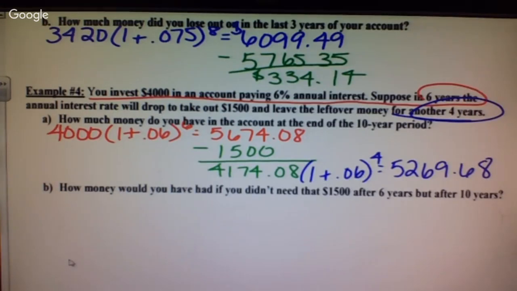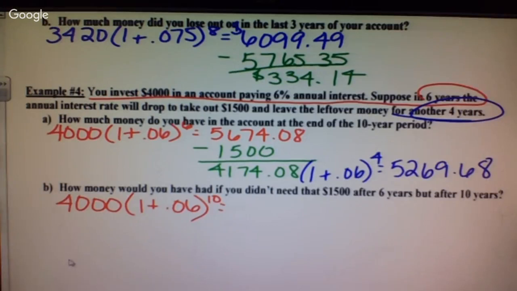Part B says, how much money would you have had if you didn't need that $1,500 after 6 years, but after 10 years? So we're going to do it for an entire 10 years instead of 6 and then 4. We go back to that original equation and do it for 10 years.